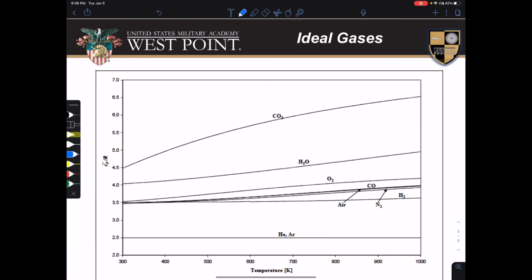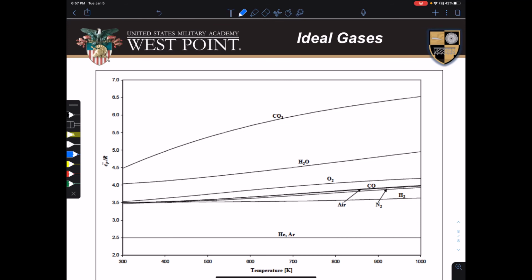So let's talk about why we utilized the constant specific heat assumption back in MC311. Let's look at a graph from chapter 1. You can see how specific heat at constant pressure in this case changes with temperature for different gases.